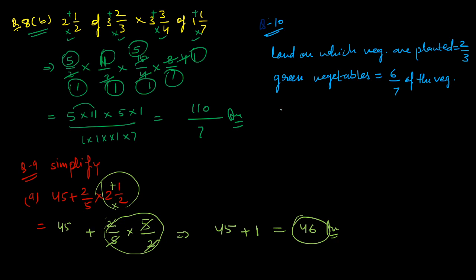Now we have to find what fraction of the land is planted with green vegetables. So we have to basically find fraction of land with green vegetables, and that is, we can say, 2 by 3.